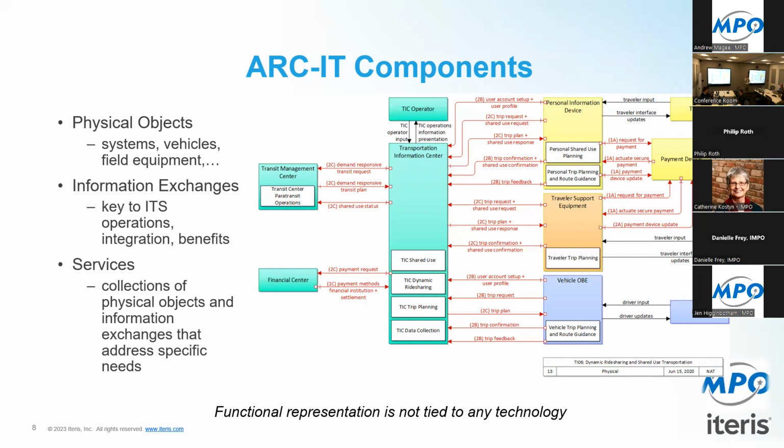Think of it as a slice of the architecture, a specific capability or service we want to provide. The keys of information exchanges are the red lines on this diagram, and there are some black ones as well. There are codes behind what those really are. We see that we have travelers and drivers on this diagram, so there's a human element to it. We call those terminators because they sit on the boundary of the architecture.